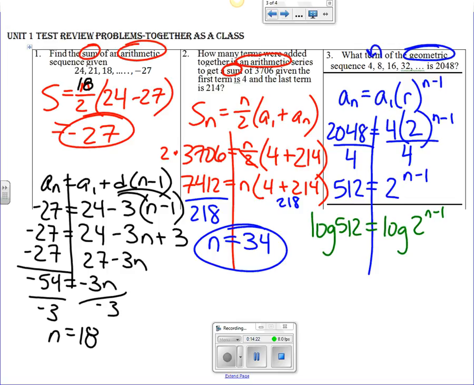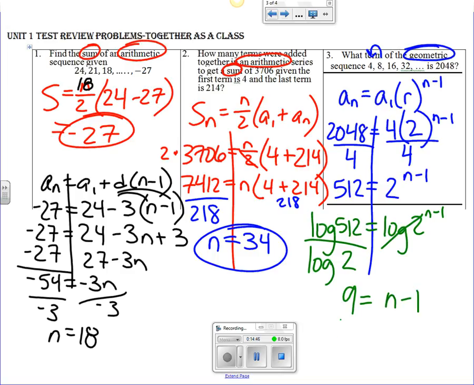Okay? All right. Pandora, what am I doing from here? Very good. 9 maybe? And so that cancels. I'm left with n minus 1.